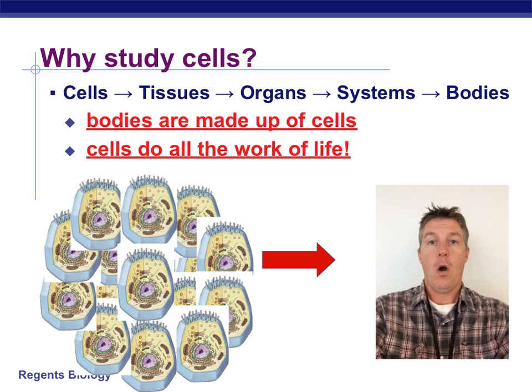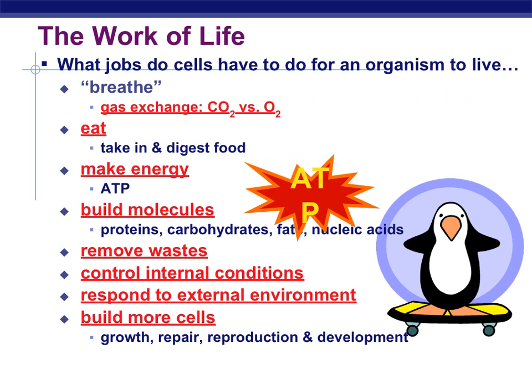So everything that happens at an organismal level, like as a human, as a tree, as an ant, as a fungus, all of those functions take place at the cellular level.